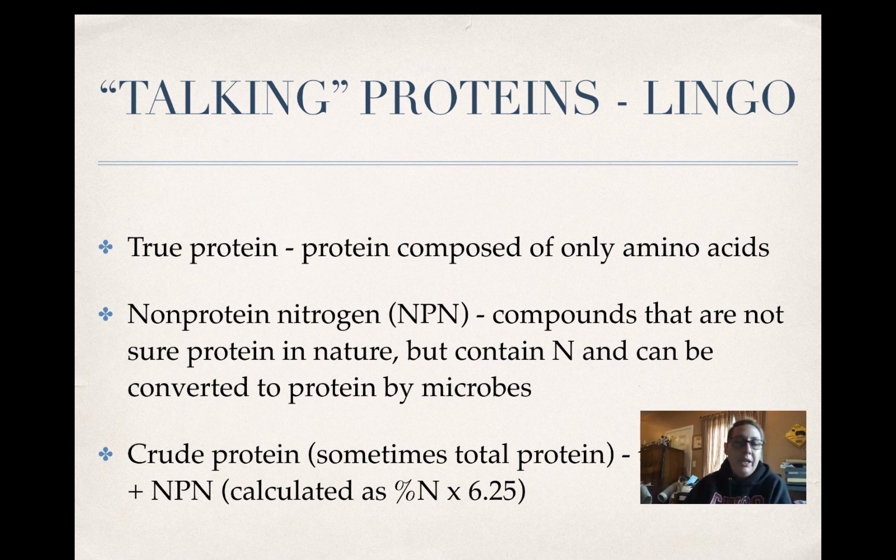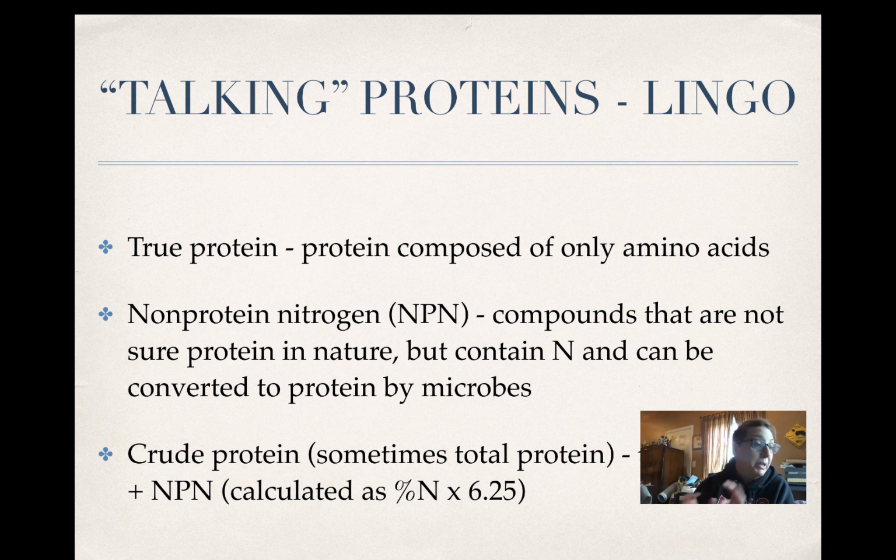When we measure protein in a lab, many of you in 4-H and FFA had feed tags on your animal show feeds that said crude protein, minimum or maximum. That can sometimes equal total protein, but generally it's the true protein plus the non-protein nitrogen.